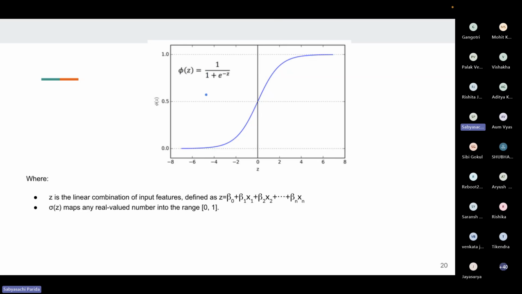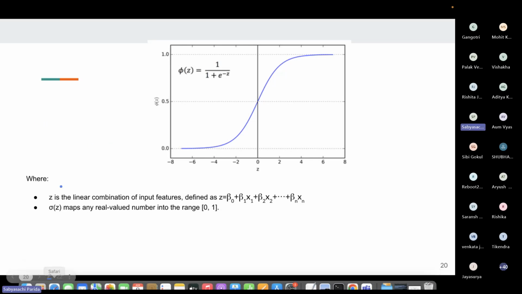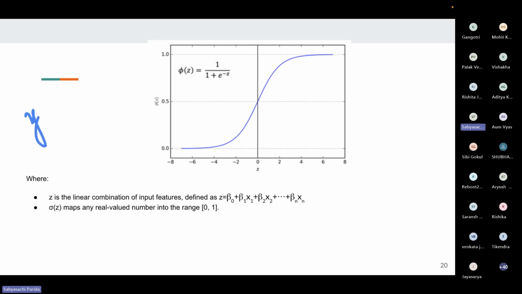So this is my equation for my logistic regression. For the linear regression, if you remember, we had y is equal to beta naught plus beta 1 x plus c.